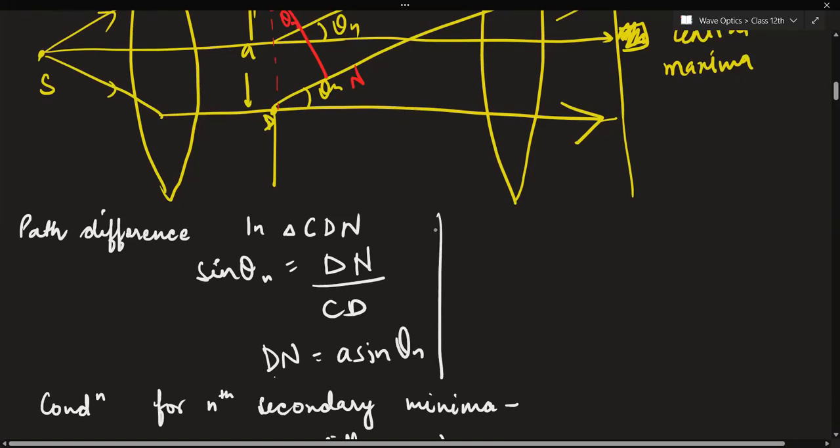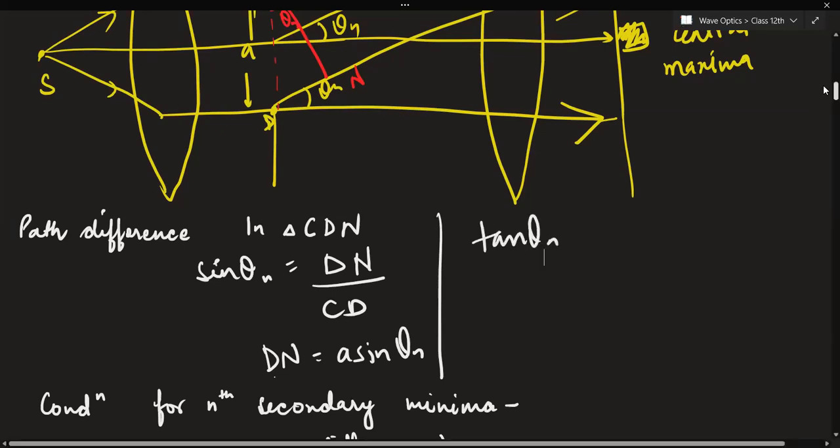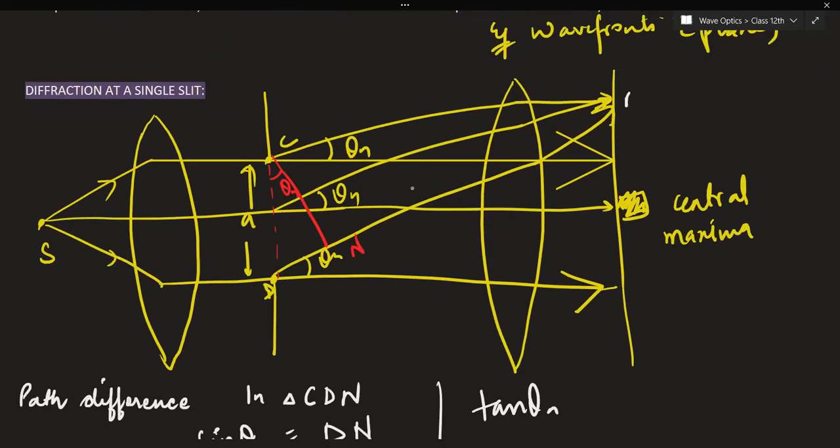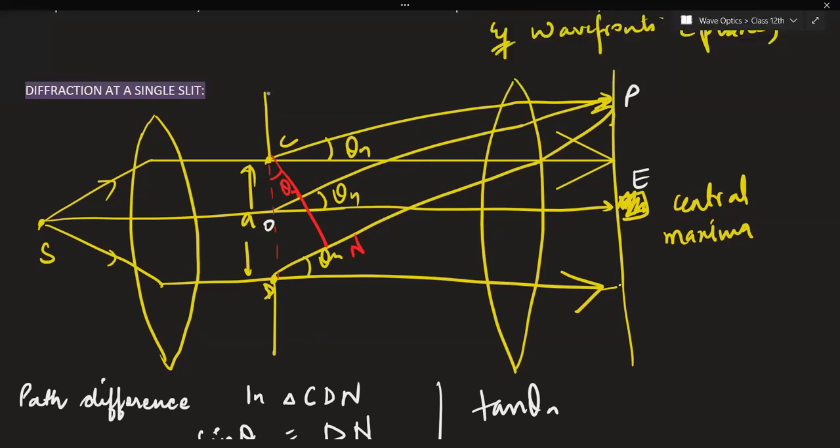In the same way, if you write the value of tan theta, let's take a bigger triangle. Make this point as P, where they are meeting, and let's name this point as O. So in this huge triangle POE, what will tan theta be equal to?